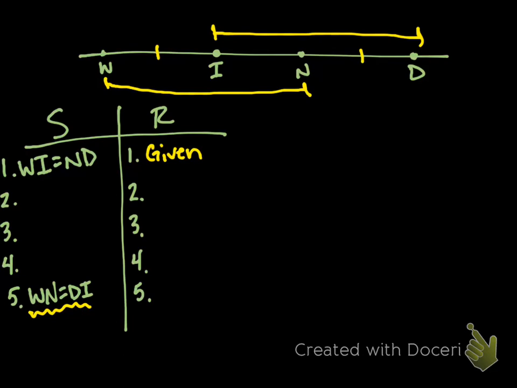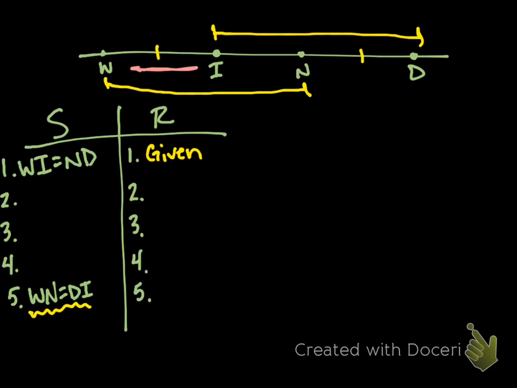You might look at this and think, well, can't we just start writing something different instead of WI and ND? Well, we have to use our WI that's given to us somehow to get to WN. And using our segment addition postulate, we know that WN is the same as WI plus IN.